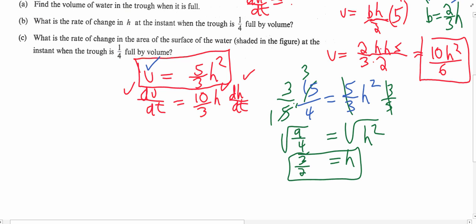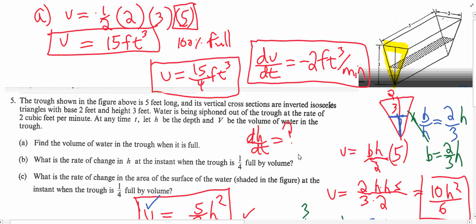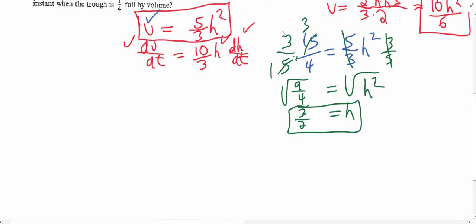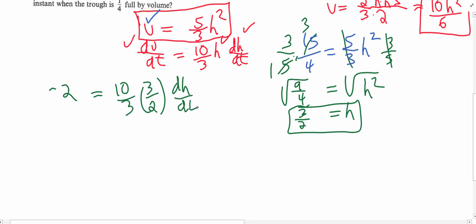Let's go back and make sure dV dt right here is -2 feet per minute. So we'll put that in, -2 equals 10/3 times 3/2, that's our height, and that gives us dh dt.